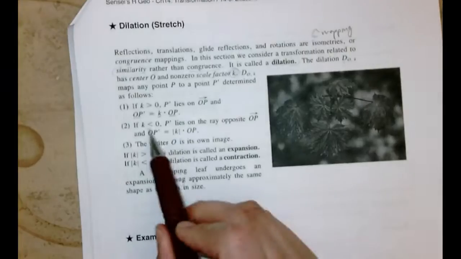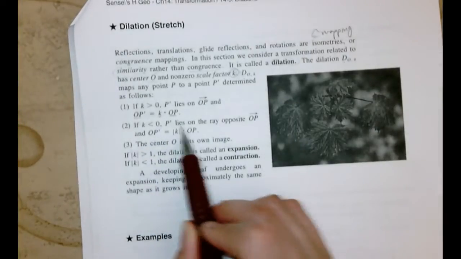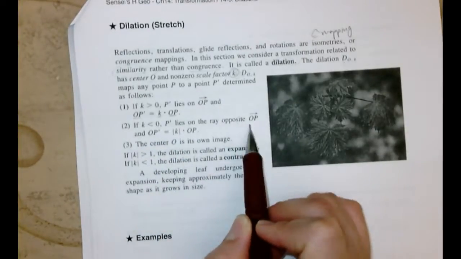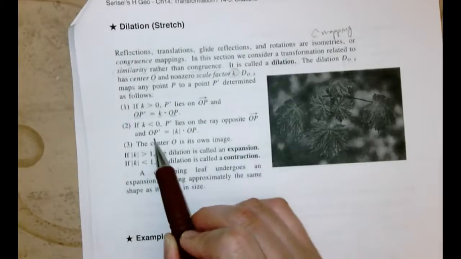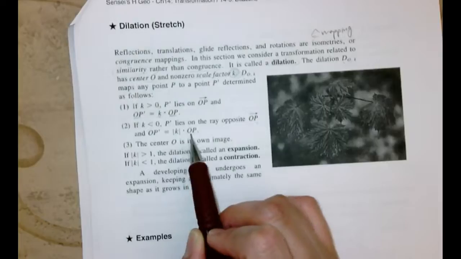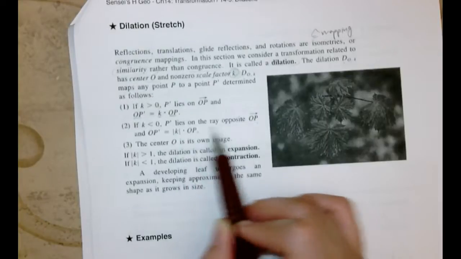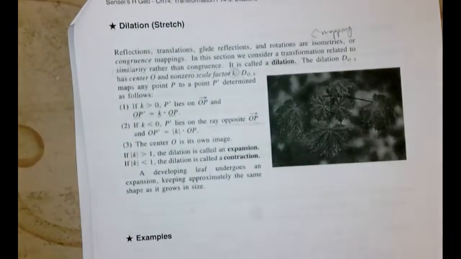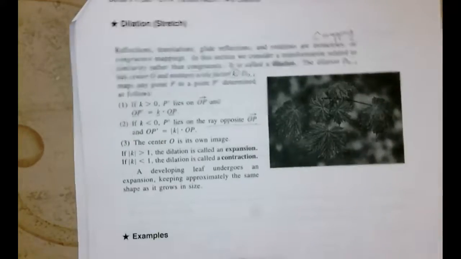Okay, if k is smaller than 0, P' lies on the ray opposite OP, and OP' is the absolute value of k times OP. But with the opposite ray, it's going to go in the other direction. You see this?